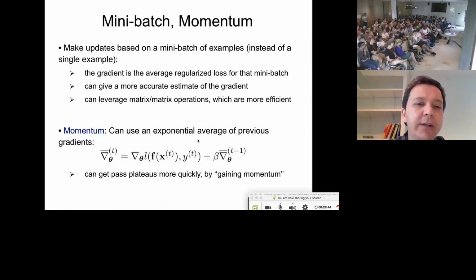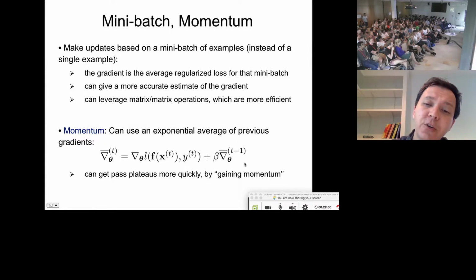The other important point is that it's also important to use momentum. You can think of it as an exponential average of previous gradients. So you take the gradient of your loss for the current example, and then you basically have this term which has another hyperparameter beta, but it looks at the exponential average of the previous gradients.